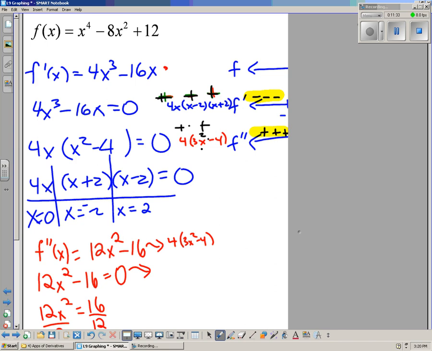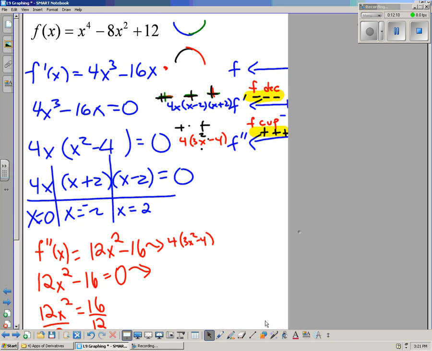F prime being negative means that f is decreasing. Okay? This means that f is decreasing. And f double prime being positive means that f is concave up. So if you think about what we did before, I gave you guys options. If you split up your smiley, and you split up your sad, decreasing, concave up.